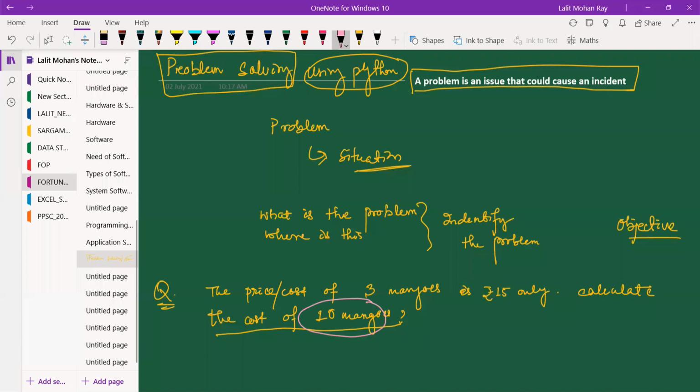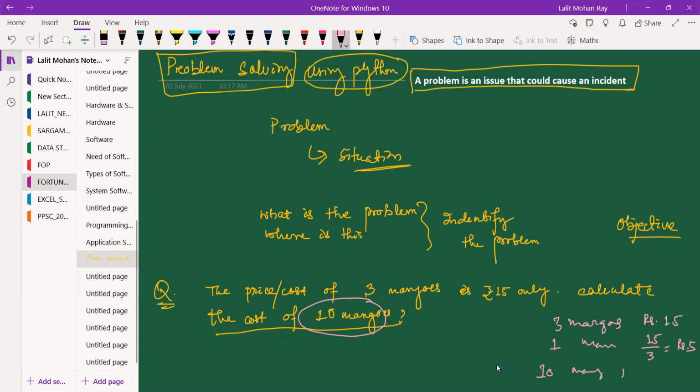So how can we find? 3 mangoes, rupees 15. 1 mango, 15 by 3, that is 5 rupees. 10 mangoes, 5 into 10, that is 50 rupees.